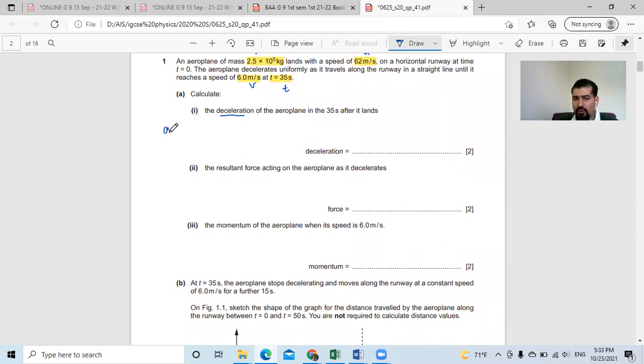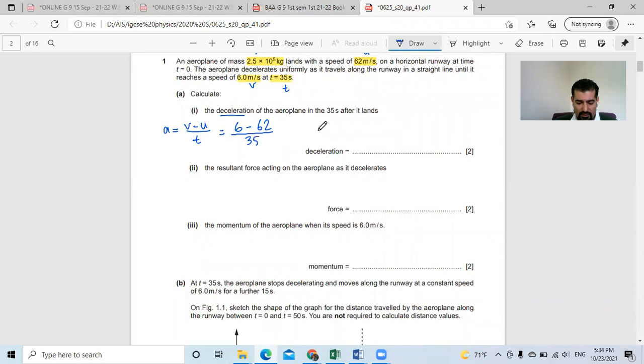We don't have a formula for deceleration, but we have a formula for acceleration, and the acceleration is the negative of the deceleration, which is V minus U divided by T. Substituting the values we have: V is 6 meters per second minus 62, divided by the time, which is 35 seconds.